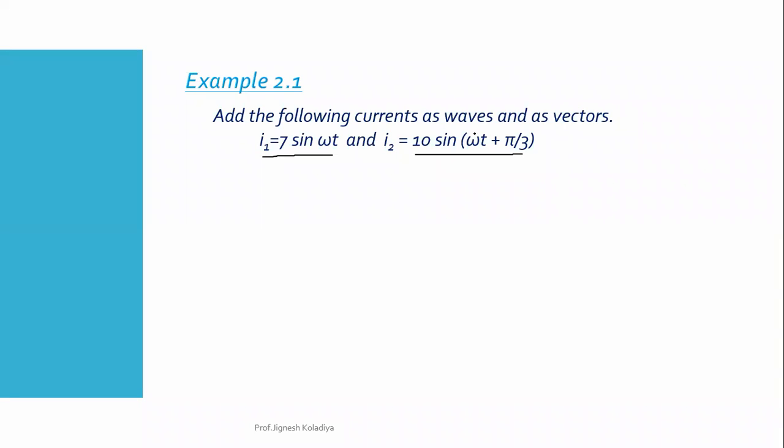First of all, you have to apply the parallelogram method, then we have to apply the XY component method, and we are going to verify the answer by using both.